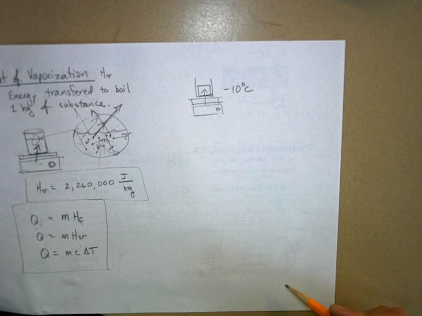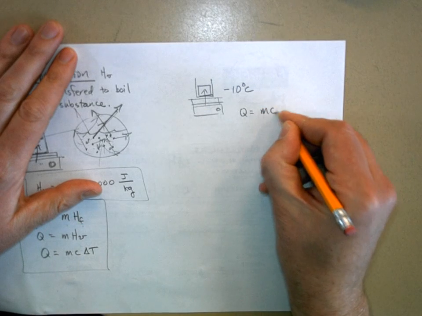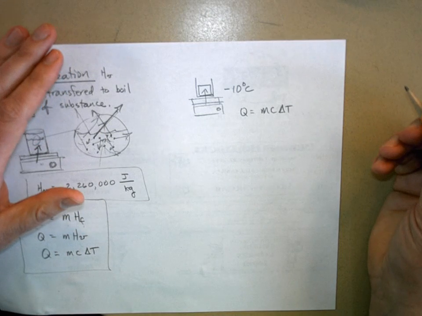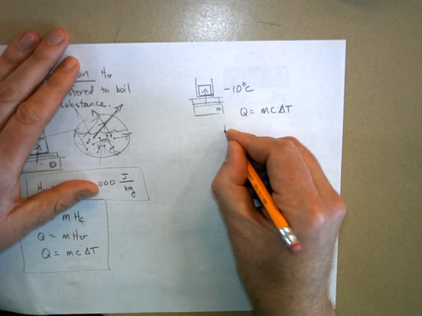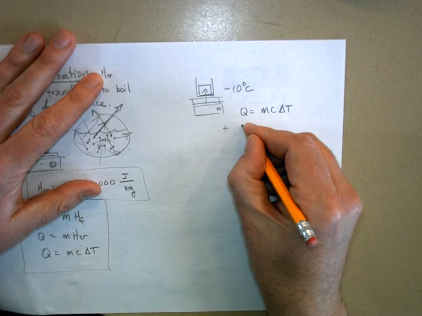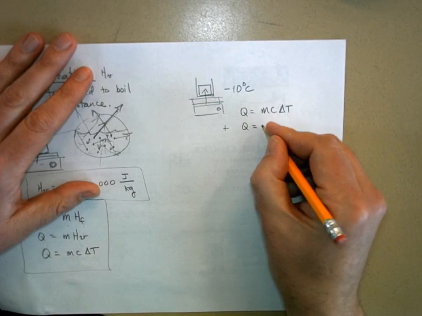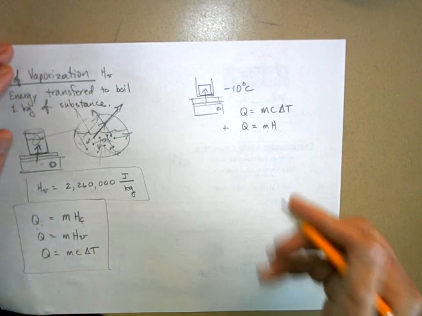So the first thing we're going to do is MC delta T, and that's going to be to raise the temperature to 0 degrees Celsius. Then we're going to add to that the heat it takes to melt it, and that's going to be the mass times the heat of fusion.